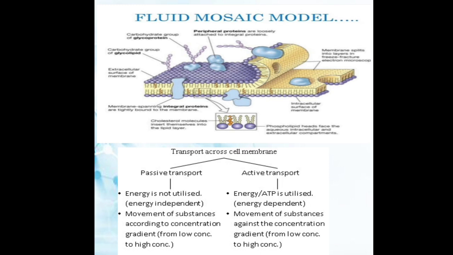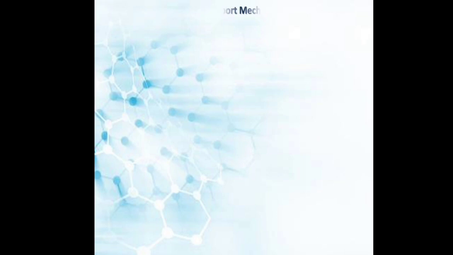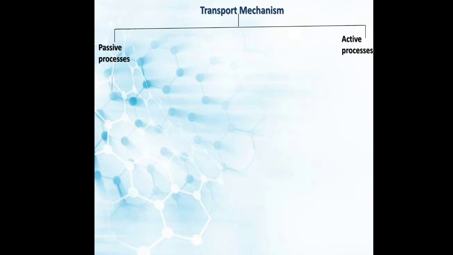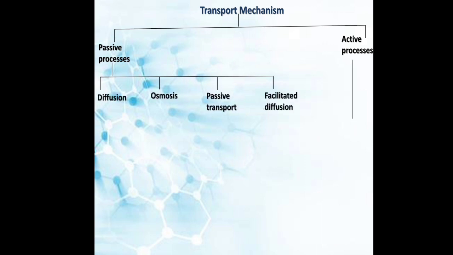Now let us get a detailed idea of these transportation mechanisms. The transport mechanism is of two types, passive processes and active processes. The passive processes are of four types: diffusion, osmosis, passive transport and facilitated diffusion.